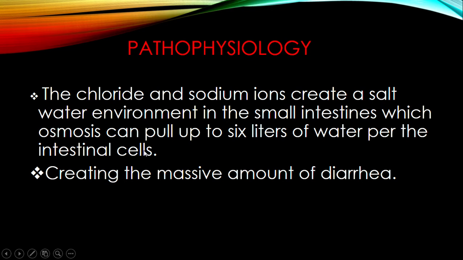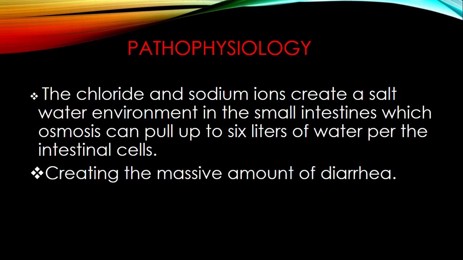So in the end, we are seeing that the ions, the sodium, the chloride, because they are coming out of the cells, they are creating an environment where it will cause more osmosis to occur now.